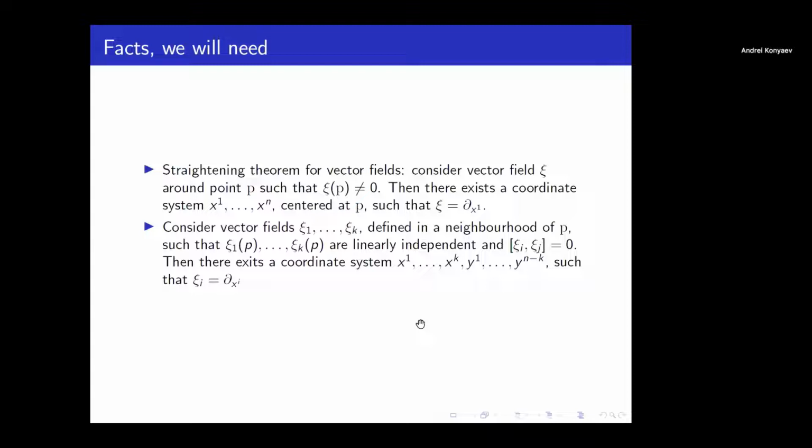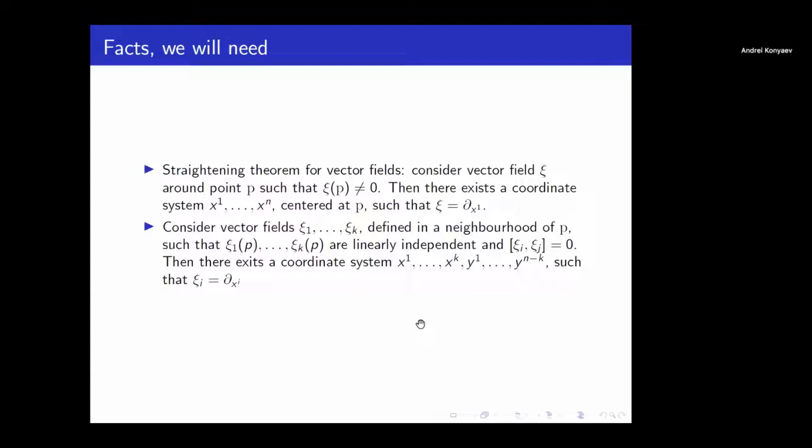The second fact is a corollary of the Frobenius-1 theorem, which was proved, I think, in lecture 2. This Frobenius-1 theorem states that if you have a collection of vector fields, you can make them coordinate vector fields if and only if they commute and are linearly independent.